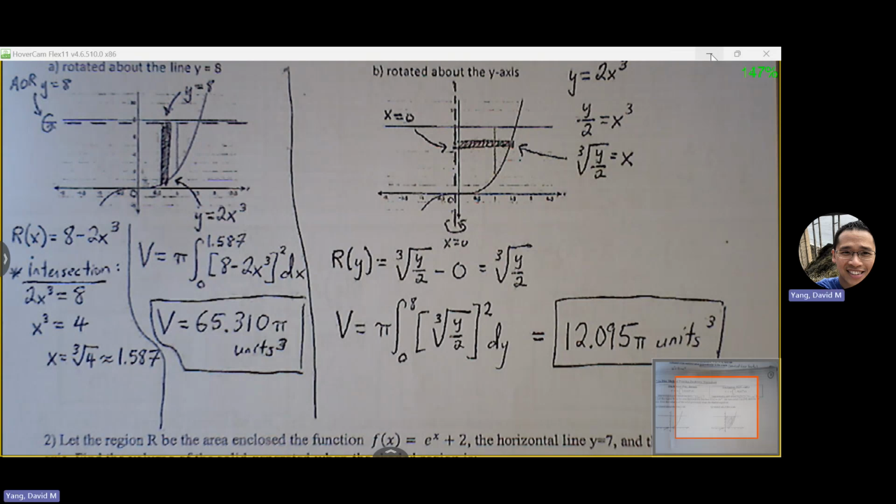I found my bound by setting the 2 graphs equal to each other, and I worked it out by hand. I got x equals natural log of 5, but you could easily just use your calculator and find the intersection and get a decimal version of that right bound. That's fine as well.